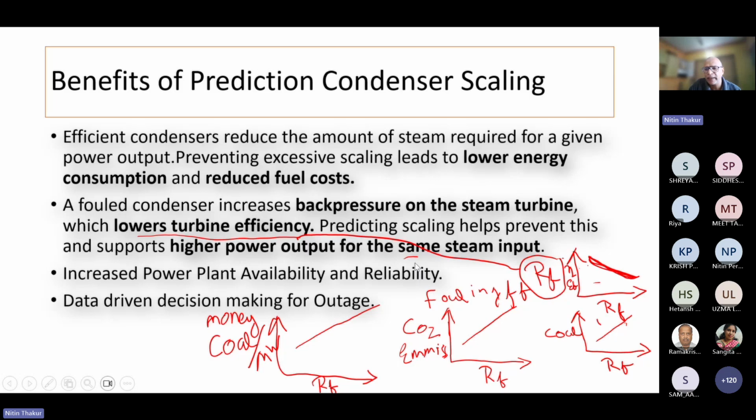If you look at it as a business case, there is no point in putting more coal in to make the same 1 megawatt of electricity when you can do it at a much lower scaling. If you have a lower RF, the scaling, then you just need to spend less money to make that same amount of electricity.